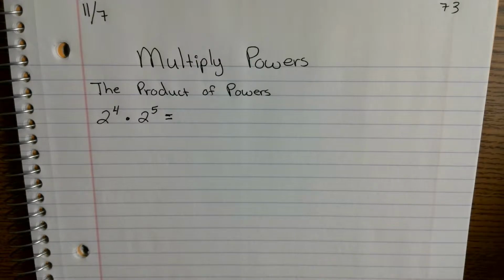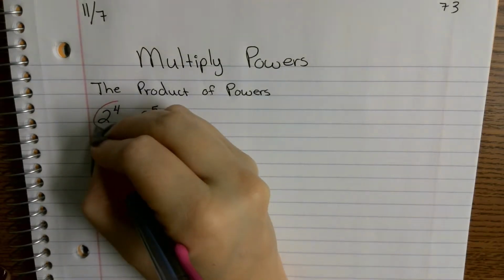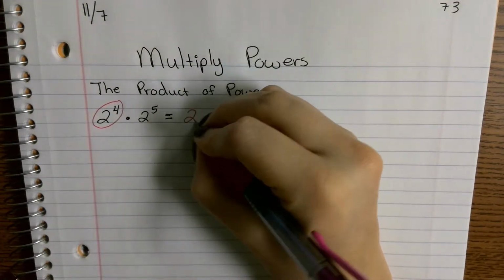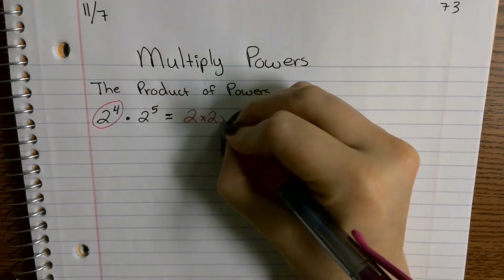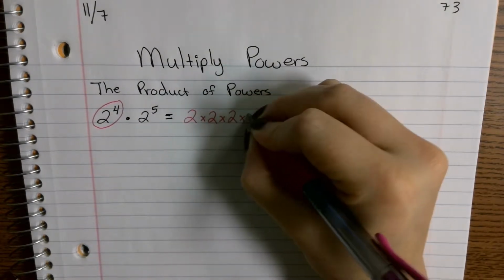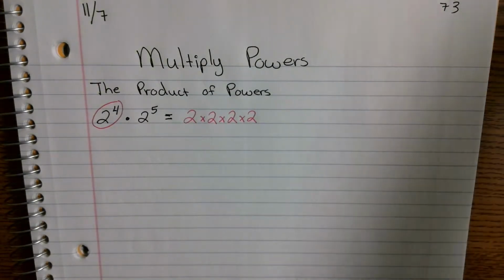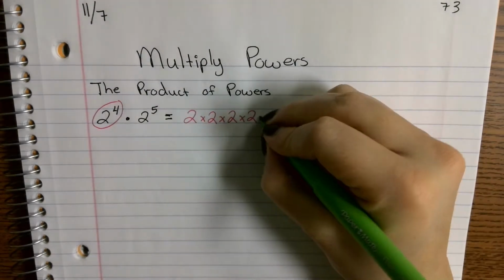If I were to go ahead and write this out in expanded form, if I were to focus first on that 2 to the 4th in expanded form, that would just be 2 times 2 times 2 times 2, right? Then I'm wanting to go ahead and multiply it by 2 to the 5th.